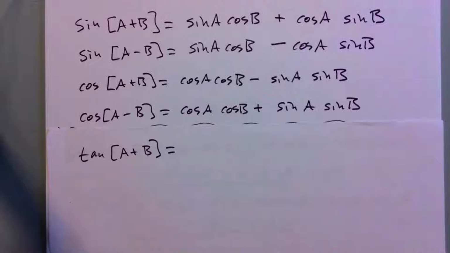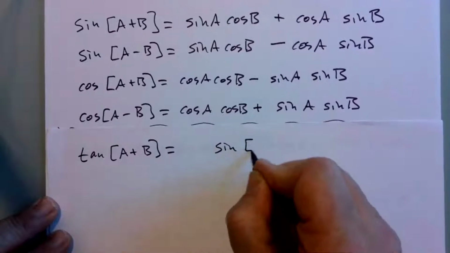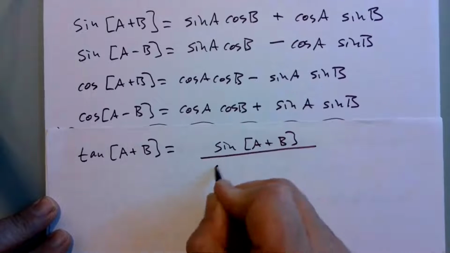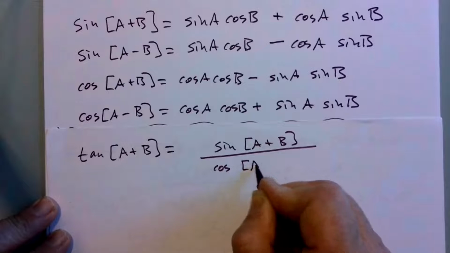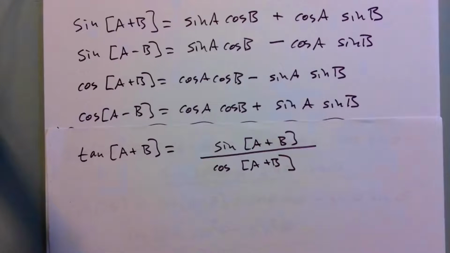Tangent of a plus b is sine of a plus b divided by cosine of a plus b. So let's look at these formulas here.